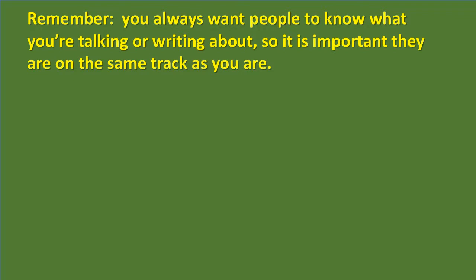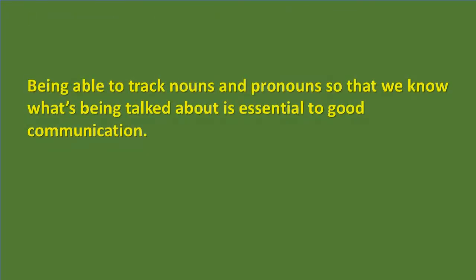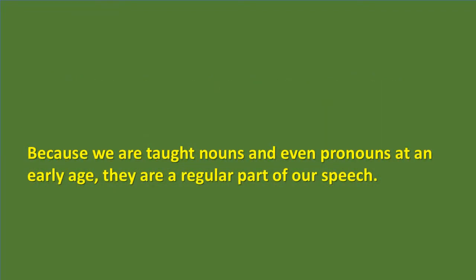Remember, you always want people to know what you're talking or writing about, so it is important they are on the same track as you are. Being able to track nouns and pronouns so that we know what's being talked about is essential to good communication. Because we're taught nouns and even pronouns at an early age, they are a regular part of our speech.